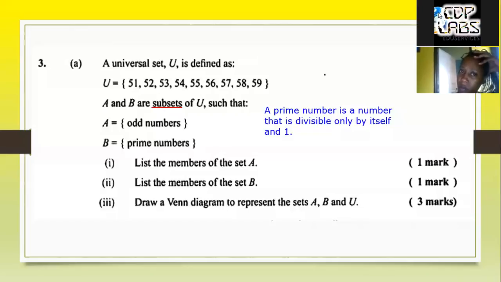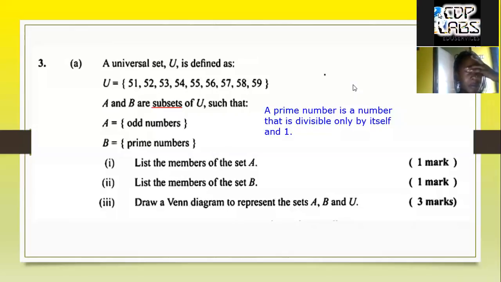Let's divide it by 3 and see how much you get. 19. So 57 is not a prime number either. What about 59? Is it a prime number?